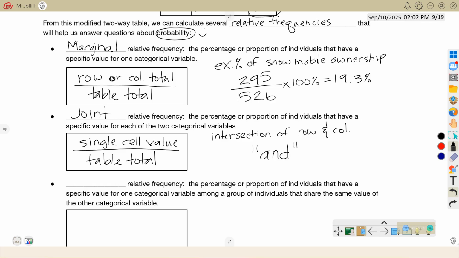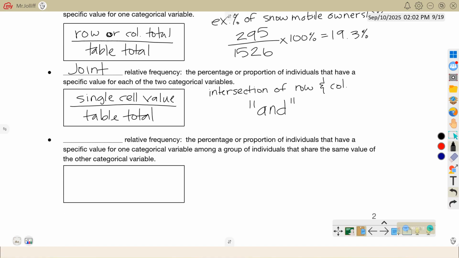Next one is the weird one, and the last one is called a conditional relative frequency. What a conditional relative frequency does is, instead of looking at my whole sample, I am looking only at one category of one of the variables and ignoring the rest of the table.